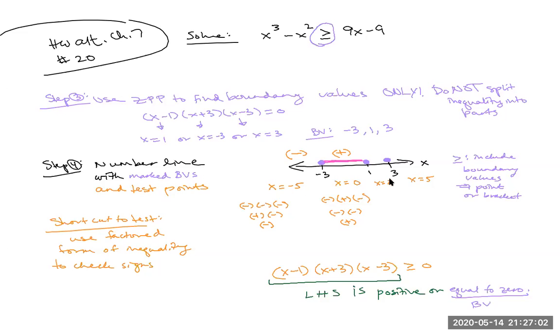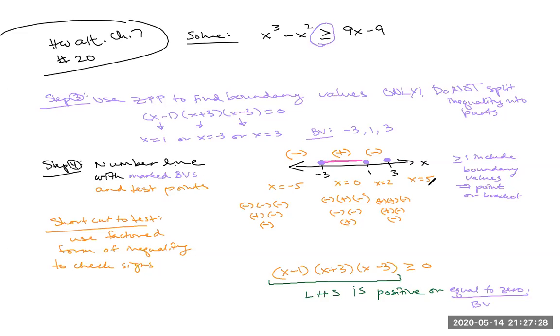Repeat when x is 2: positive, positive, negative. That gives me a positive times a negative, which is a negative. So I don't shade the section between 1 and 3.